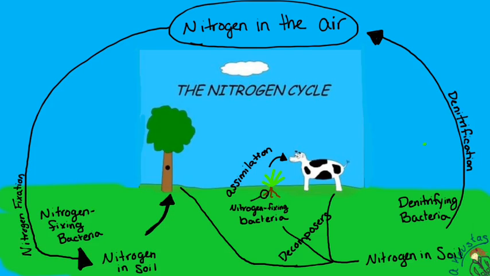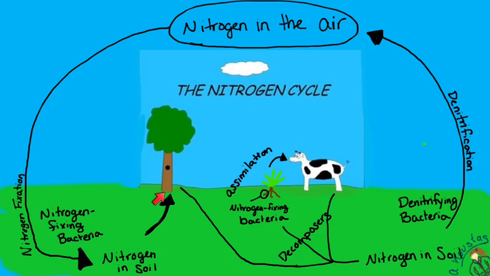Their roots actually will have nitrogen-fixing bacteria in them. So the nitrogen in the air, when it's mixed in the soil, can be turned immediately into a kind of nitrogen that the plants can take up.